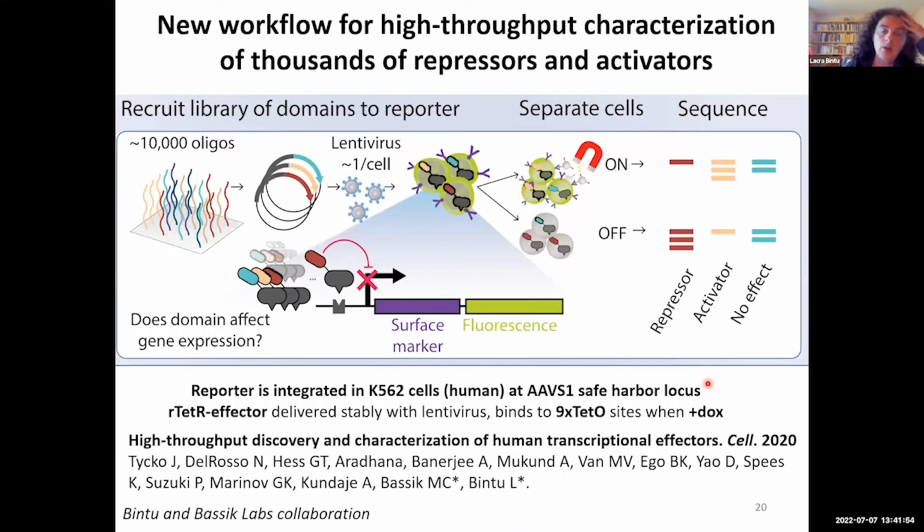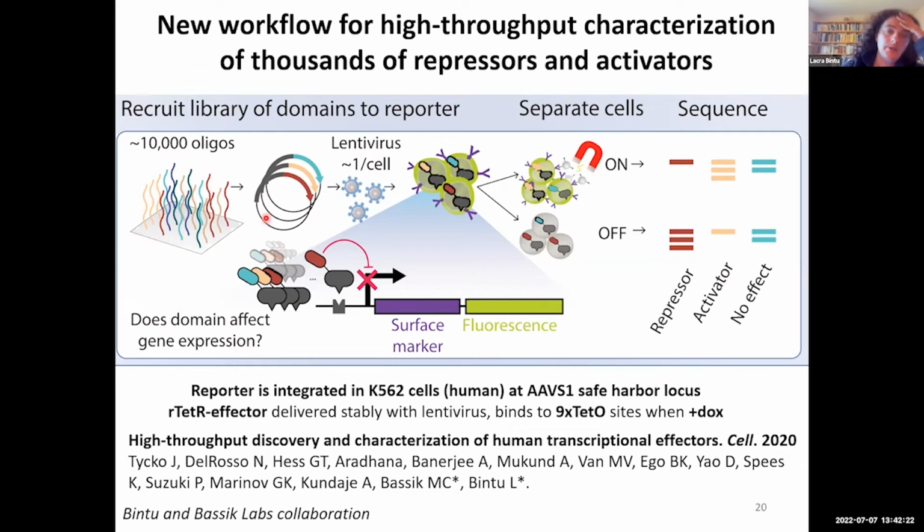So here's how our workflow looks that allows us to measure 10,000 repressors and activators. We start with this fluorescent reporter that's integrated site-specifically in human cells at the AAVS1 locus. Then we order from Twist a library of 10,000 DNA sequences, 10,000 oligos that come in one single tube.